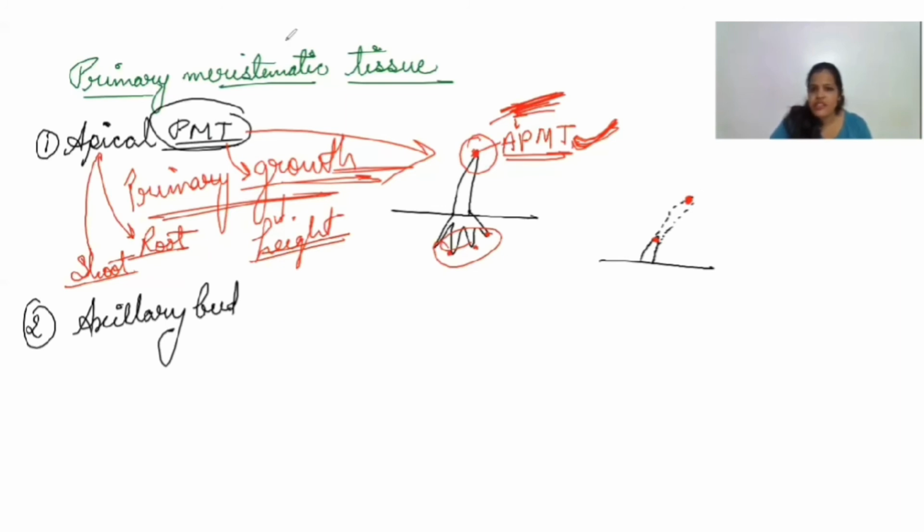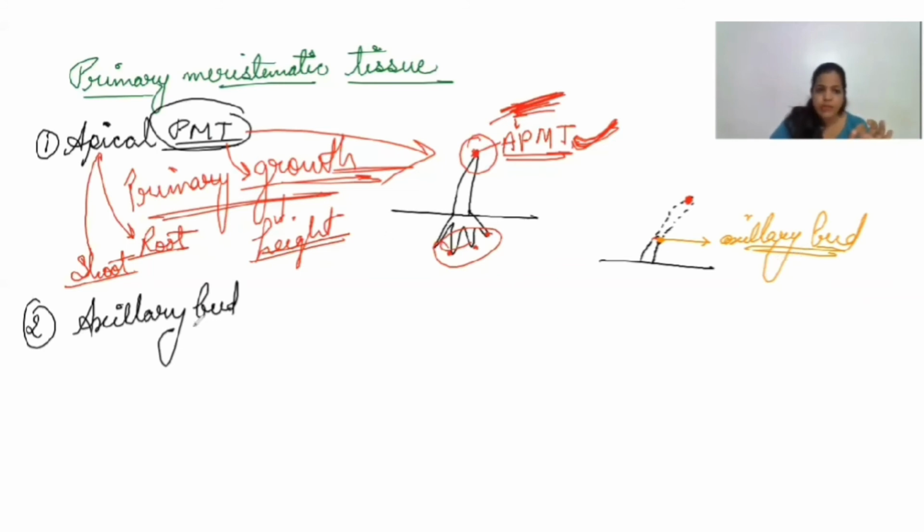When the apical meristem reaches the tip during the growth, it leaves some of its part in between, and this forms the axillary bud. Axillary bud is present at the nodes. Axillary bud is formed from the cells of apical primary meristematic tissue at the nodes.